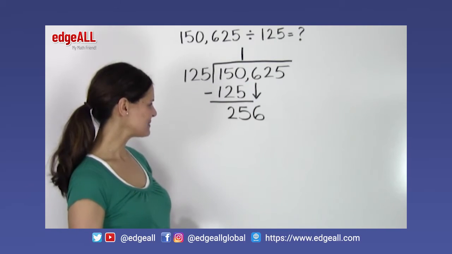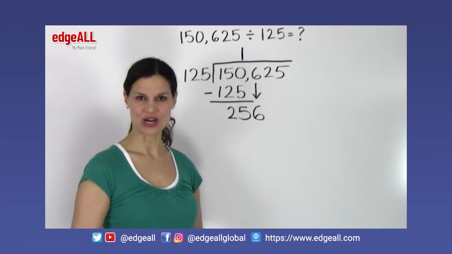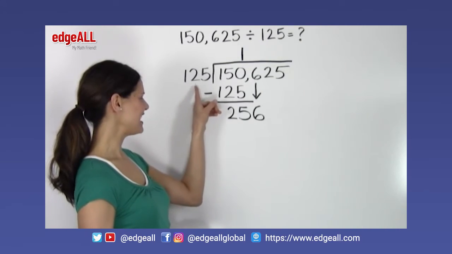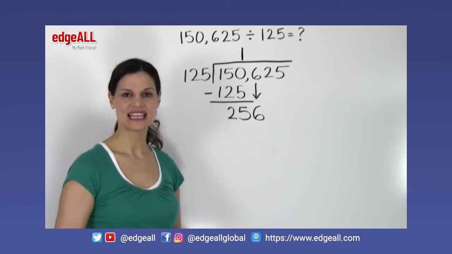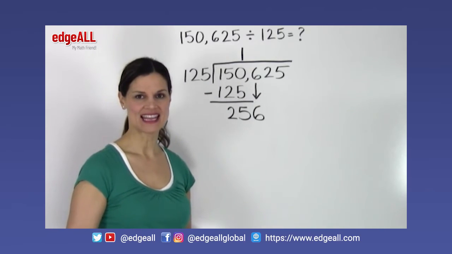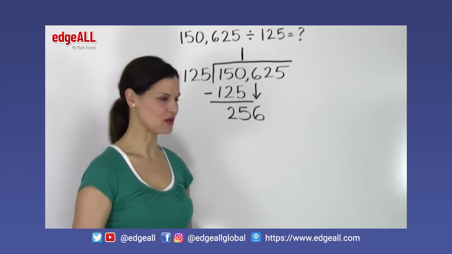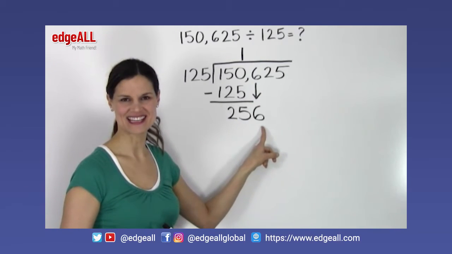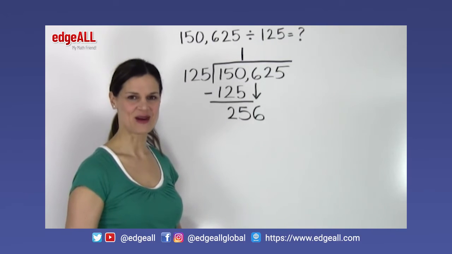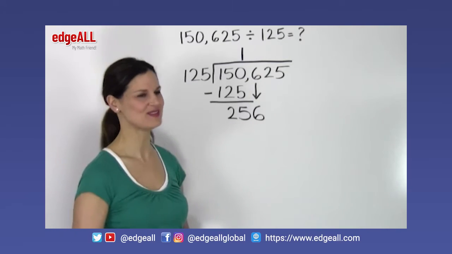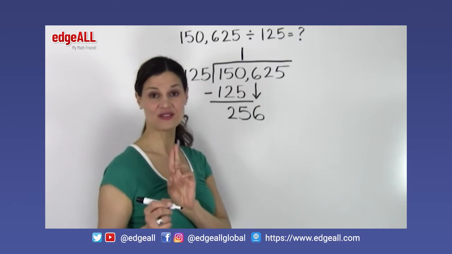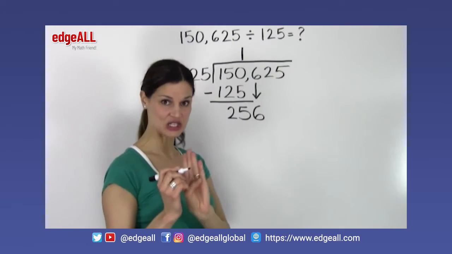So again, I ask myself, what is the largest whole number that I can multiply by 125 to get a product that is less than or equal to, and as close as I can get, to 256? The answer to that question is 2. 256 divided by 125 is 2. Now I want to be really careful where I place that 2.